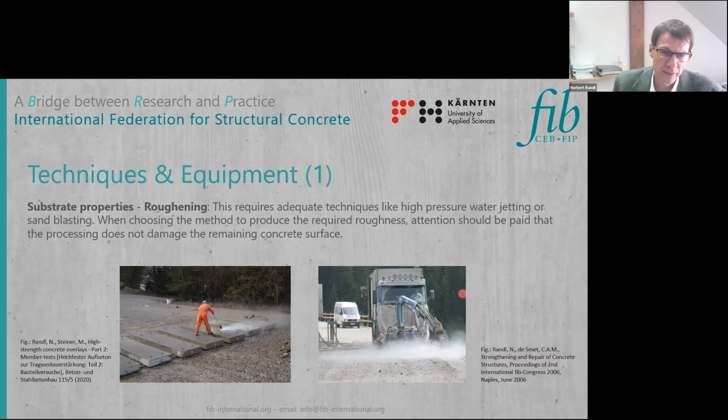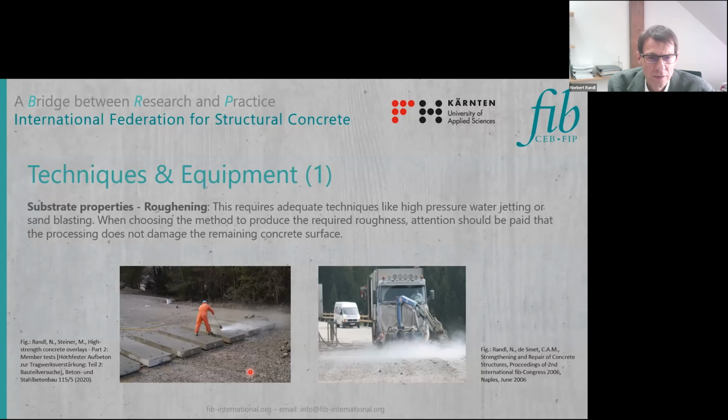In these pictures, here you can see methods based on high pressure water jetting that are frequently used in practice. On the left-hand side, you see this hydro demolition with a hand lens. This was done close to our lab by a construction company in the frame of a research project we conducted together.